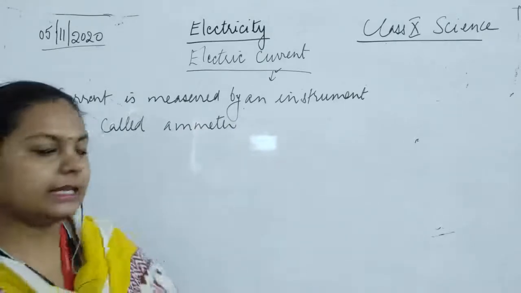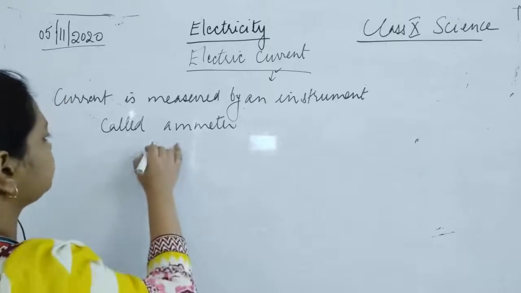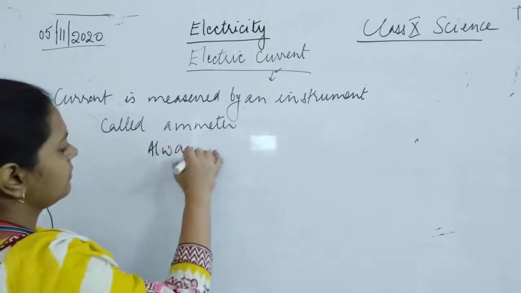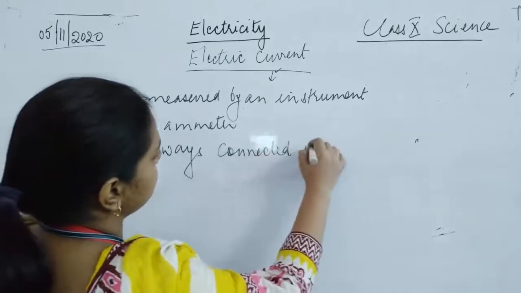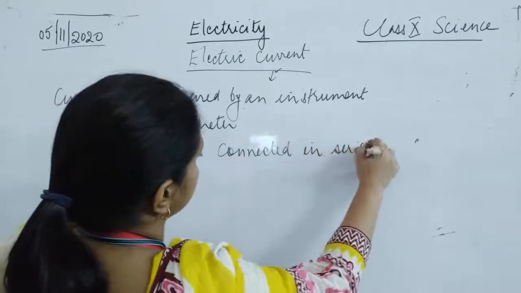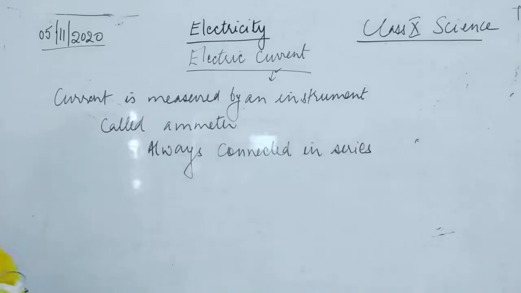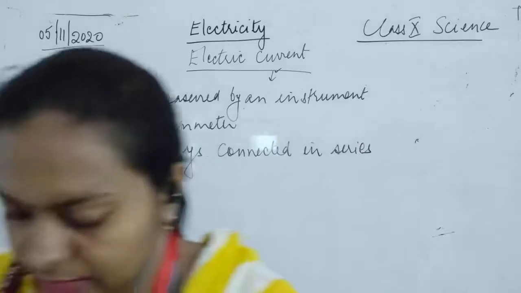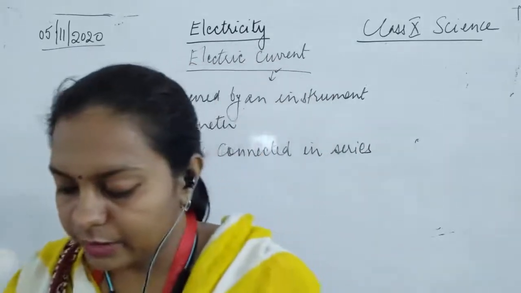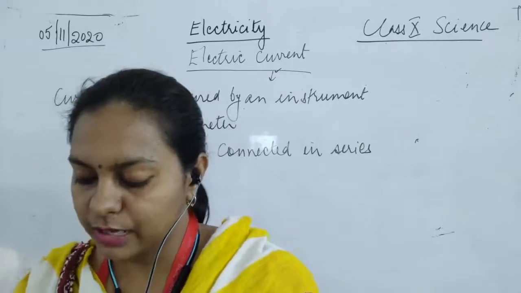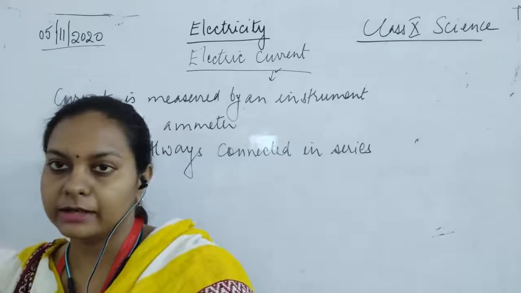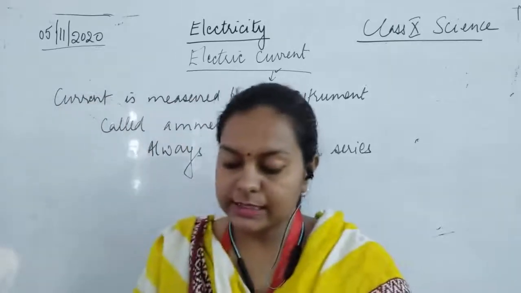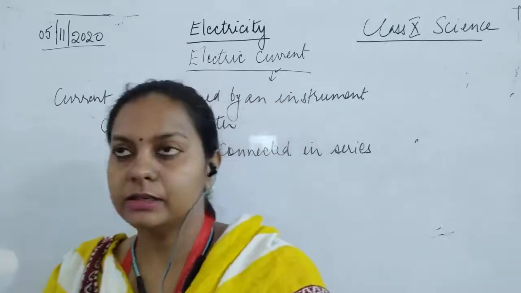Ammeter is always connected in series. Now, for example, if we want to find out the current flowing through a conductor, then a series circuit would be taken like this.